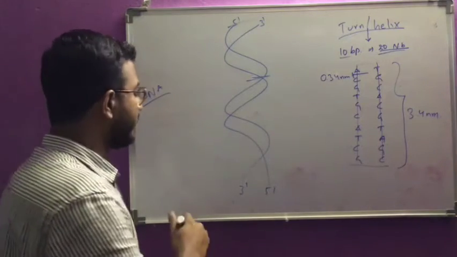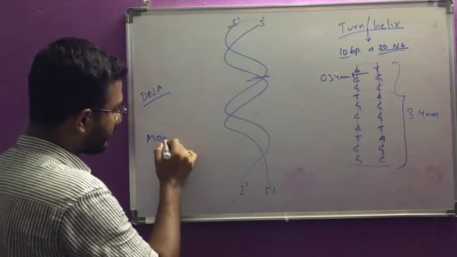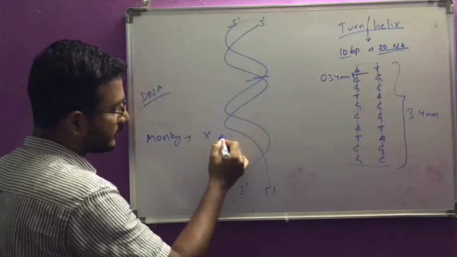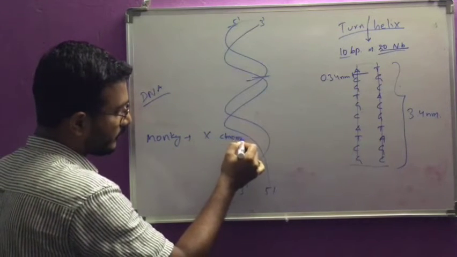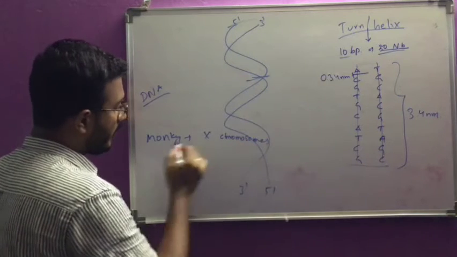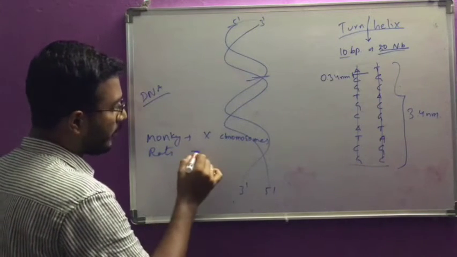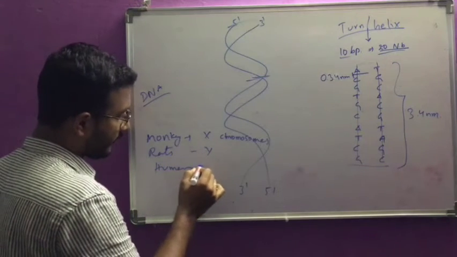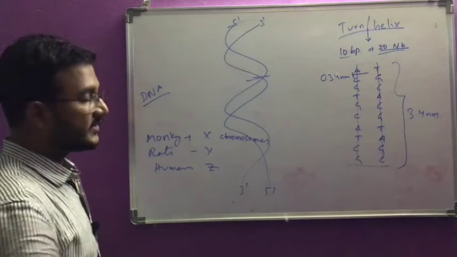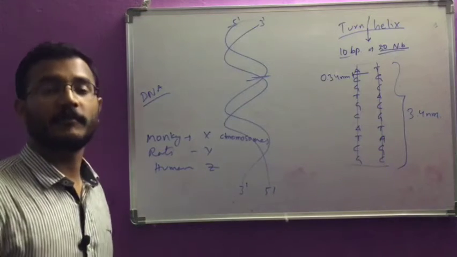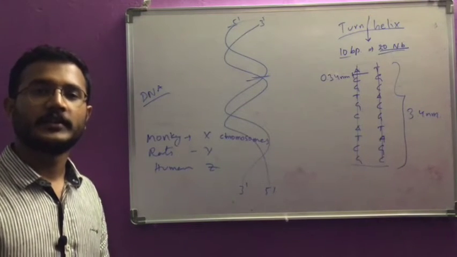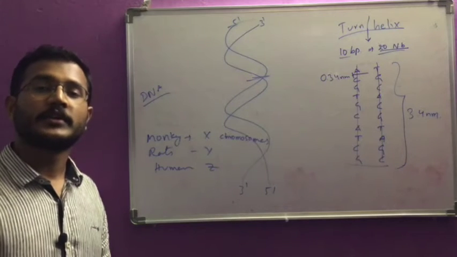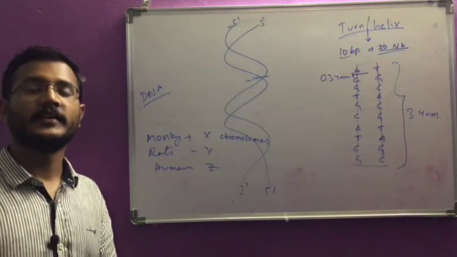For example, monkeys have X number of chromosomes, rats have Y number, and human beings have Z number. That means this number is different from one species to another, so by knowing the number of chromosomes, we can decide the species also.